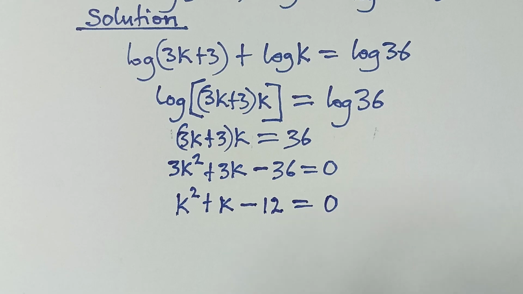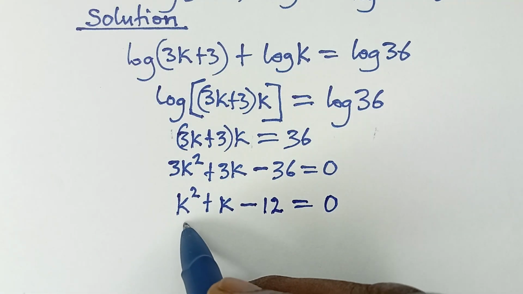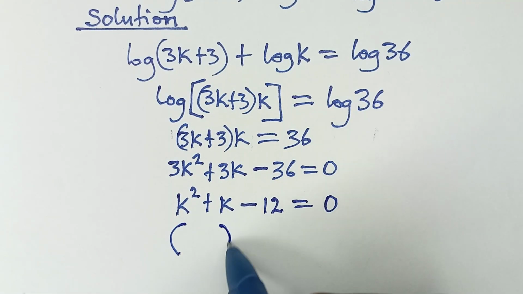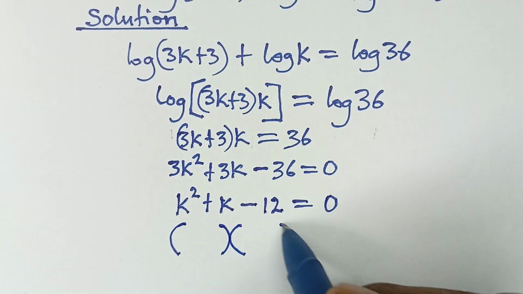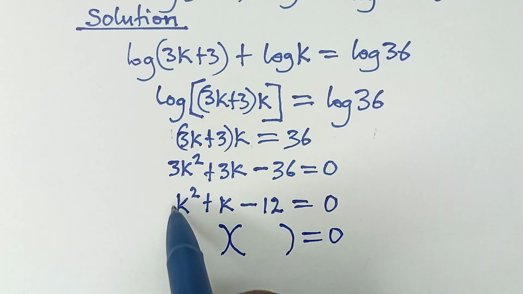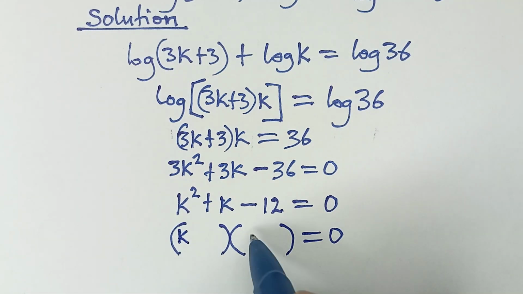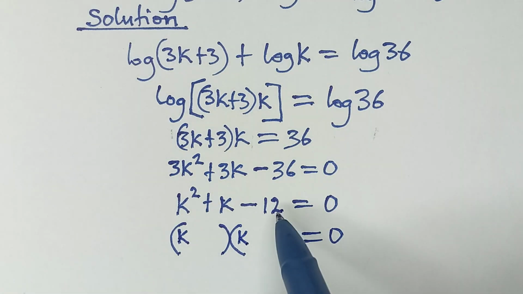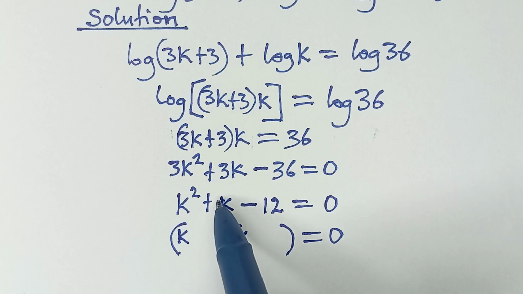Now, an easy way to factor this quadratic equation is to open up brackets like this. Why we are doing this is because the coefficient of k here is 1. So when the coefficient of k is 1, a very simple way of doing that is to open up brackets and bring in k, and then you look for two numbers such that when you multiply them, it will give you negative 12, and when you add them, it will give you 1.